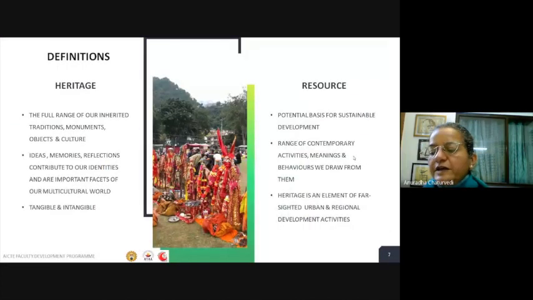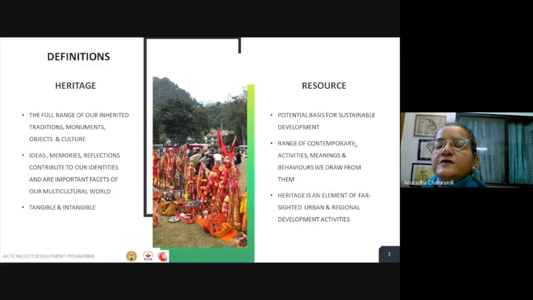So we begin with defining as to what constitutes heritage. Heritage is considered to be the full range of our inherited traditions, monuments, objects, and culture. This has a basis and a potential for sustainable development, and therefore it can be considered as a resource.